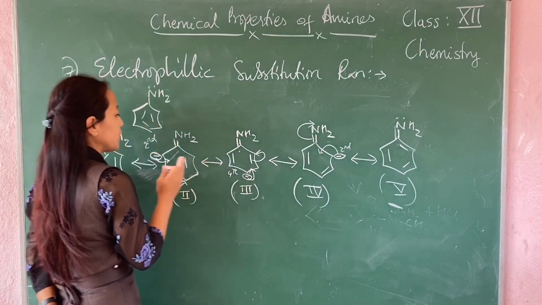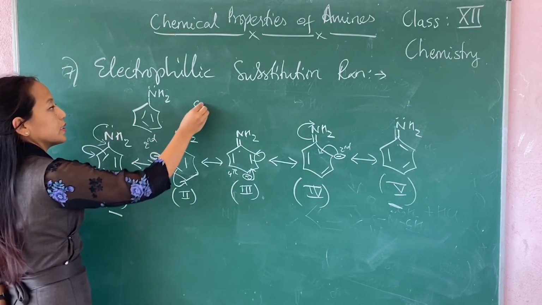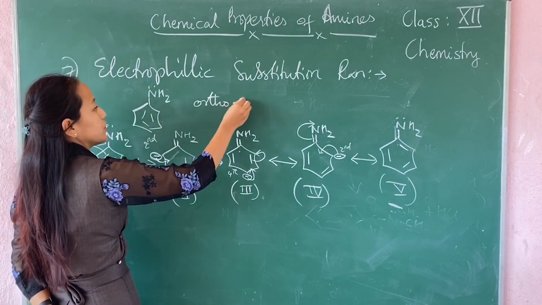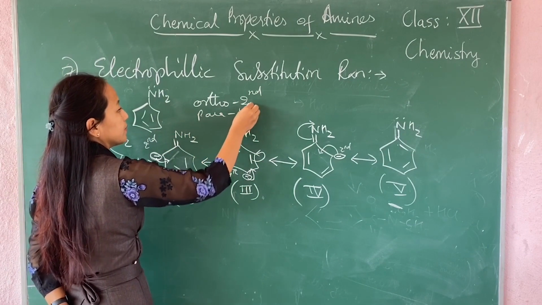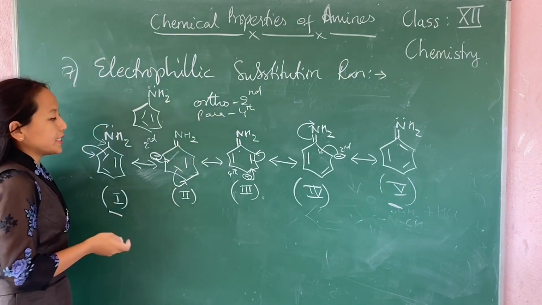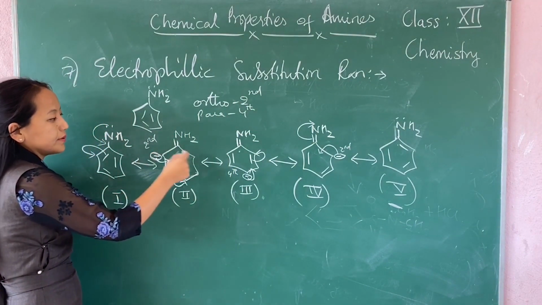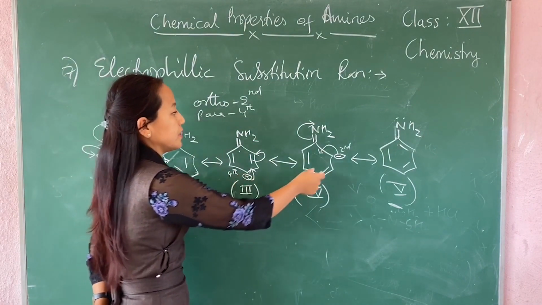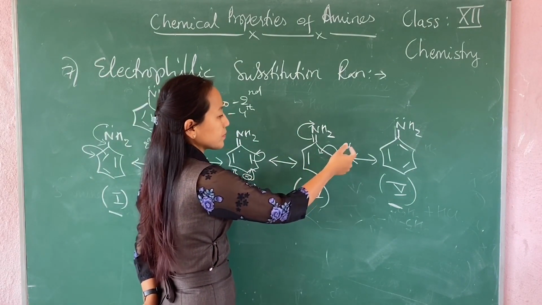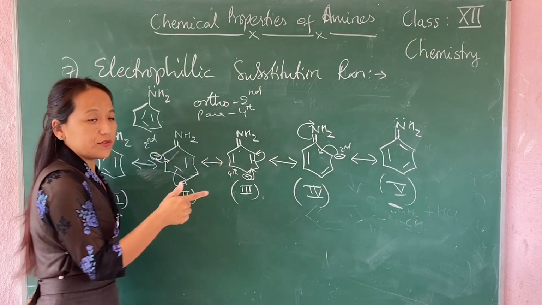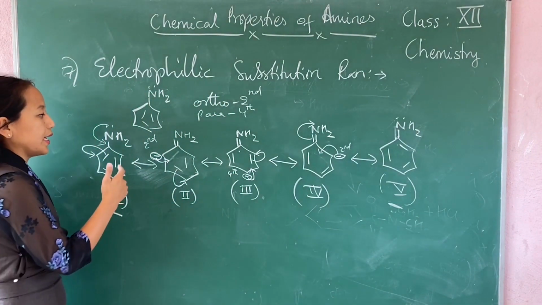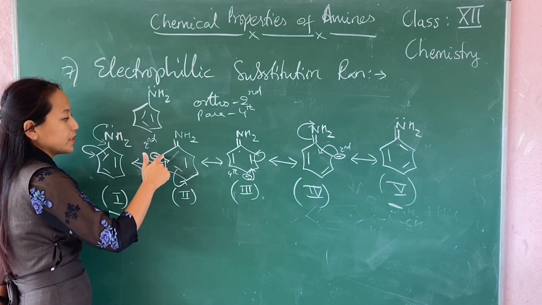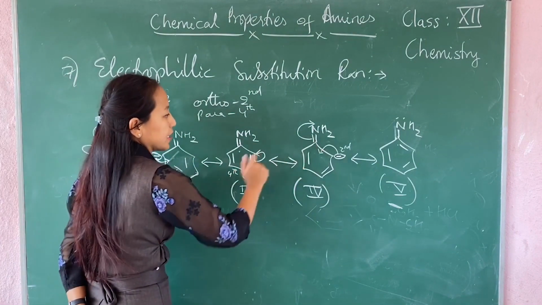So all the ortho position, ortho refers to the second carbon, para refers to the fourth carbon atom. So you can see that the second carbon atom, the fourth carbon atom, again the second carbon atom, all of these have negative charge. So whenever an electrophile comes, it always attacks these carbon atoms, second, fourth, and second.